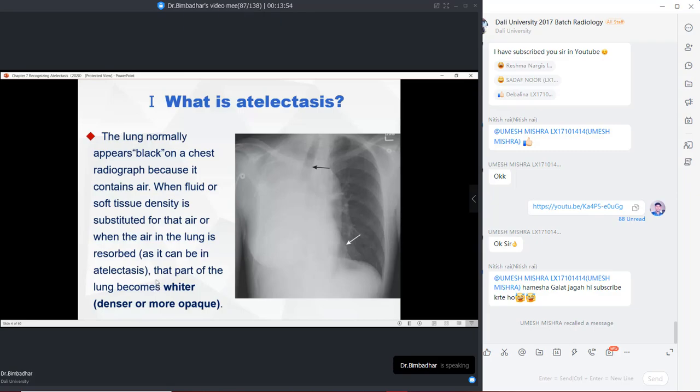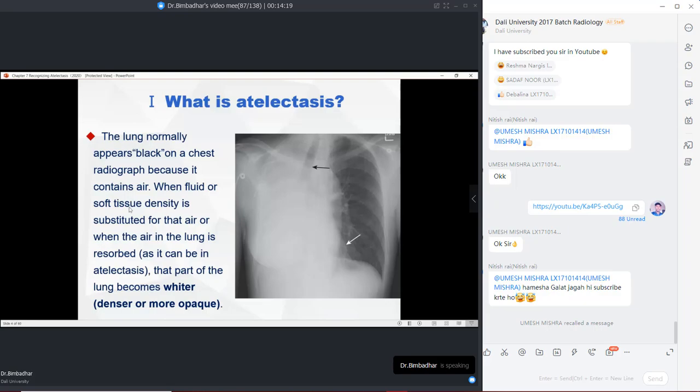So now what happens, that part of the lung becomes whiter, which we can call hyperdense, or also we can call it more opaque. Okay, so let me repeat that once again. The lung has to appear black, something like this, but it doesn't appear black when it is filled by fluid or soft tissue density.